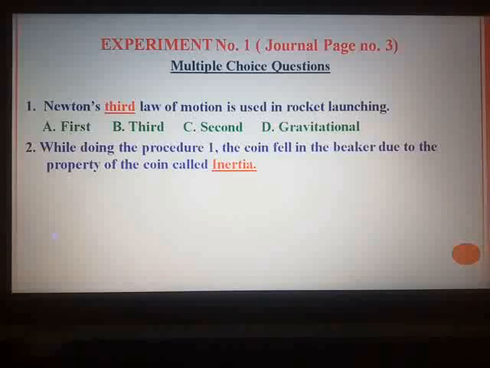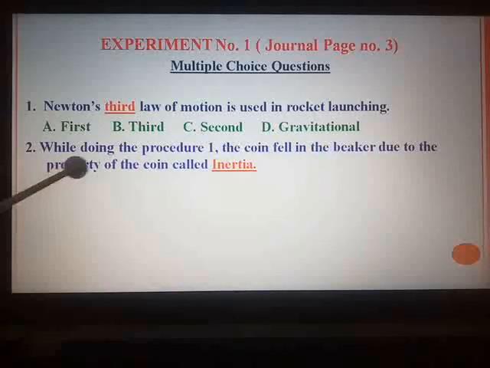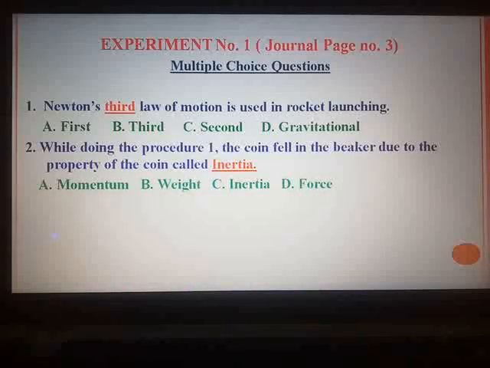The metal coin fell in the beaker. So while doing the procedure 1, the coin fell in the beaker due to the property of the coin which is called inertia. Initially the coin was in a state of rest, so it fell in the beaker due to the property which is called inertia.